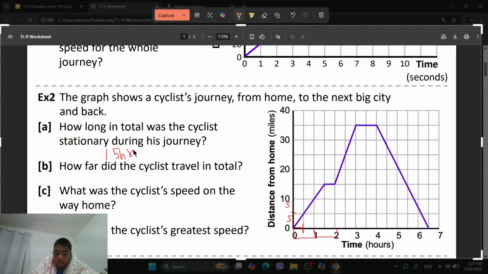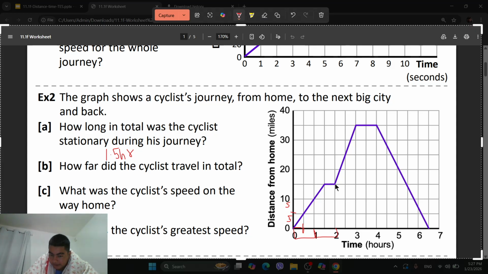Now let's take a look at the next part over here. How far did the cyclist travel in total? We know from the beginning that distance is represented by this axis, right? For the first 30, 30, 30, this time it traveled a distance of how much? 15 miles, right? And again, it was stationary.